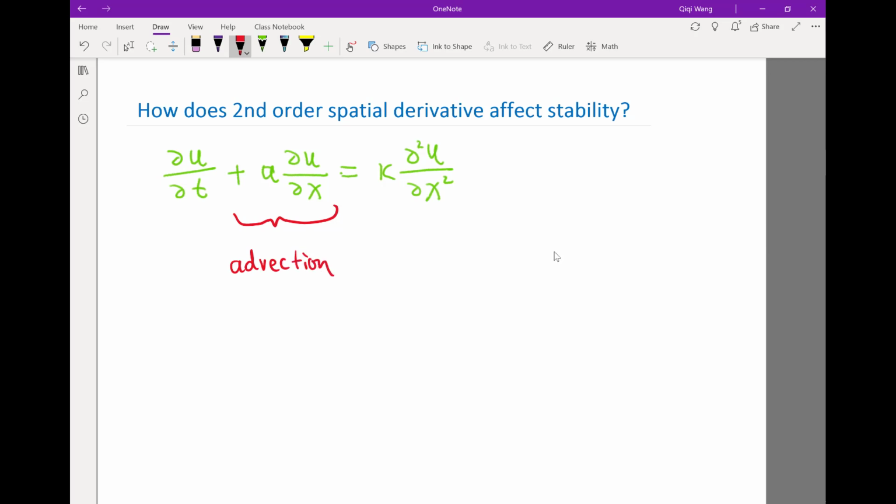So the role of this term is to move the solution around with a certain speed, and particularly a is the advection speed or wave speed.